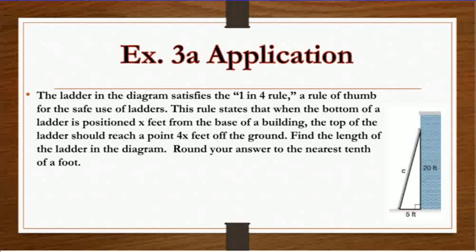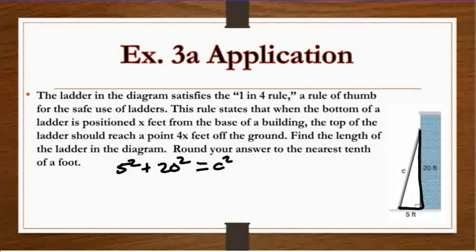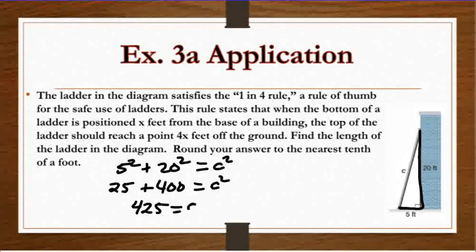So here we can use our Pythagorean theorem because we have a right triangle here. So it's 5 squared plus 20 squared has to equal c squared. So 25 plus 400 has to equal c squared. So 425 equals c squared. To undo a square, I find the square root.